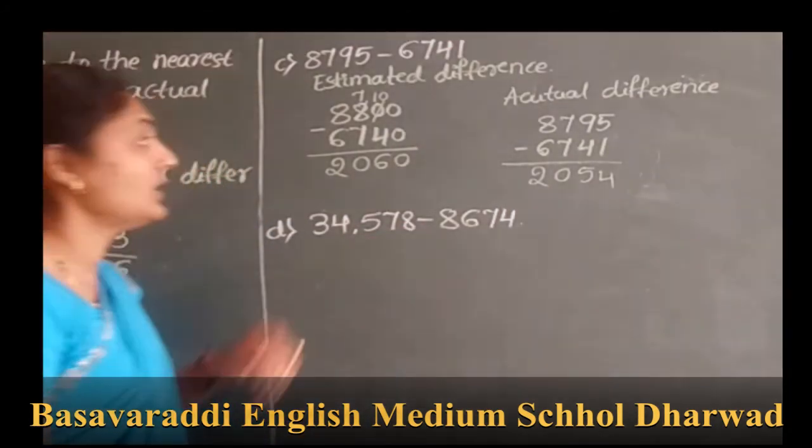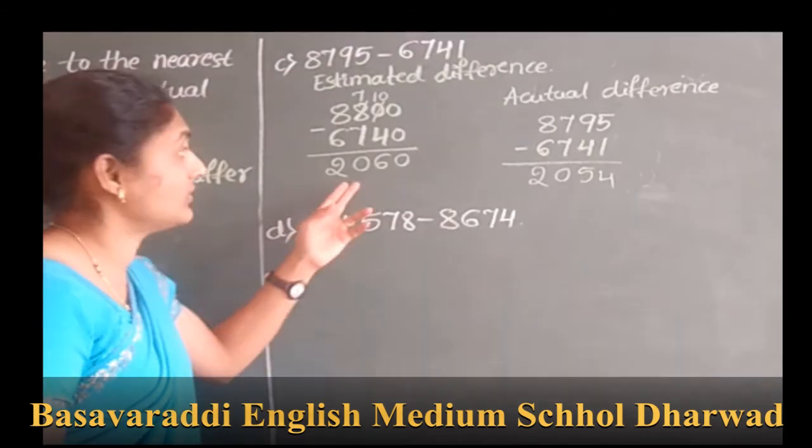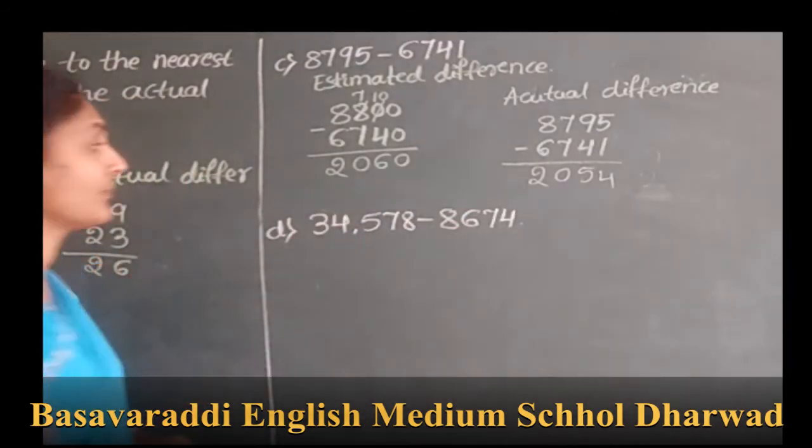The actual difference is 2054. The estimated and the actual value differ by just 6.